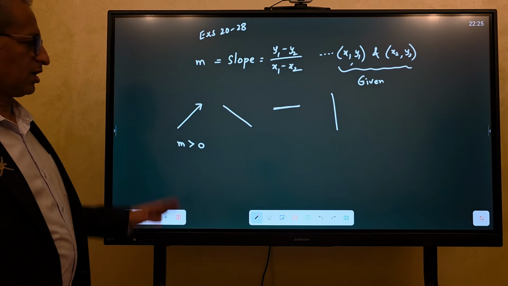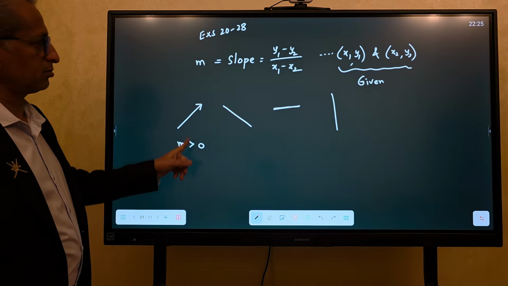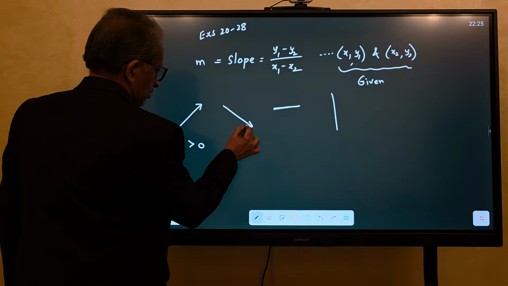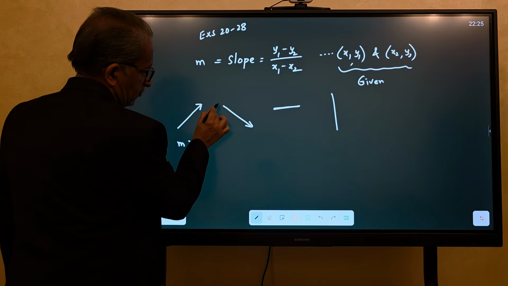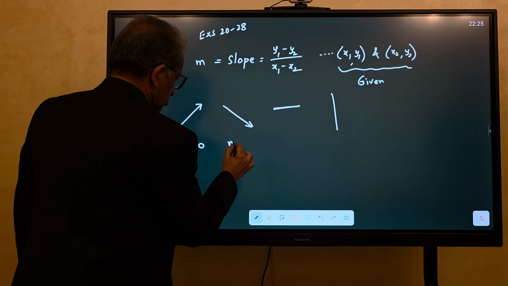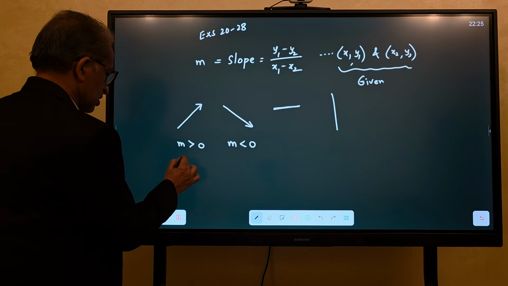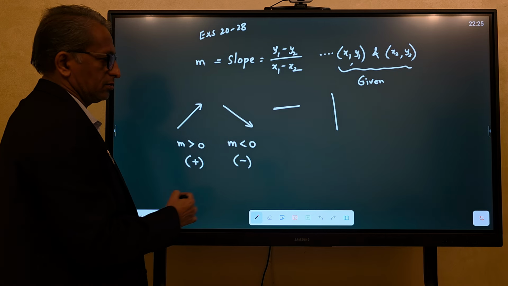That is, if the line is increasing from left to right, then the slope is positive. If the line is decreasing from left to right, then the slope is negative. This is positive. This is negative.